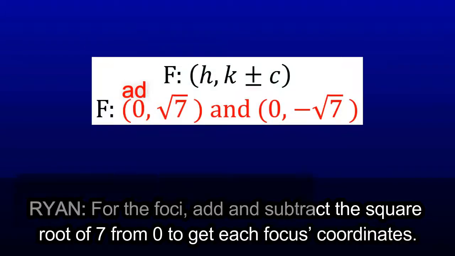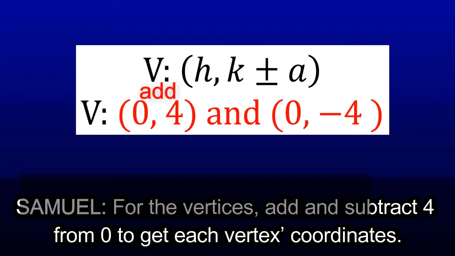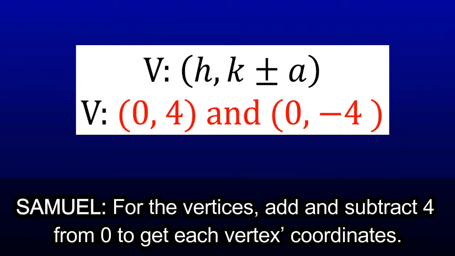For the foci, add and subtract the square root of 7 from 0 to get each focus's coordinates. The first focus is 0, comma, the square root of 7, while the second focus is 0, comma, the negative square root of 7. For the vertices, add and subtract 4 from 0 to get each vertex's coordinates.